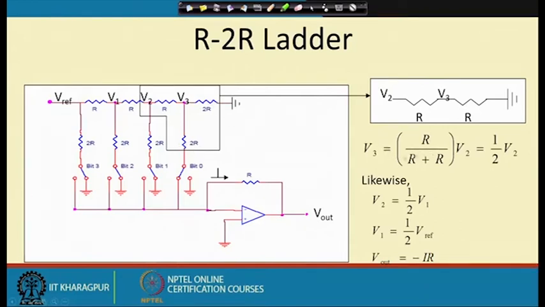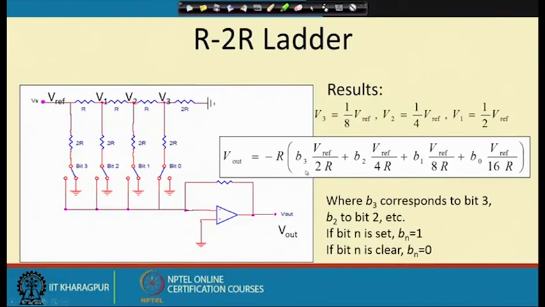So, V3 becomes half of V2. In this way, if you continue, V2 will turn out to be half of V1, V1 will be half of Vref, and Vout is equal to minus I into R. Once you have the values of V1, V2 and V3, you can find the value of I, and accordingly you can get the Vout value.